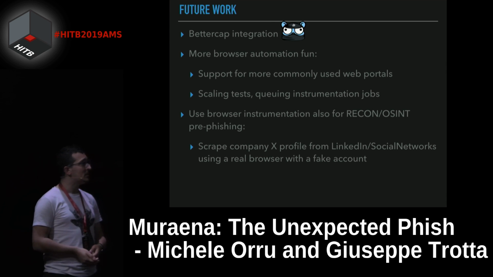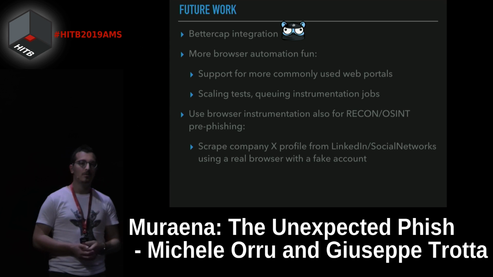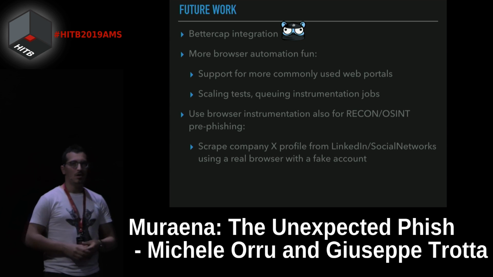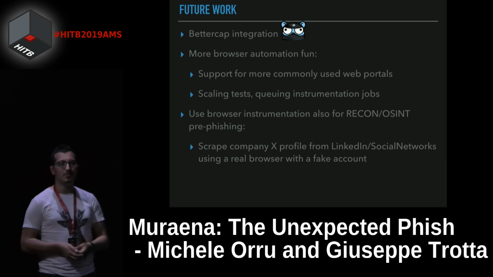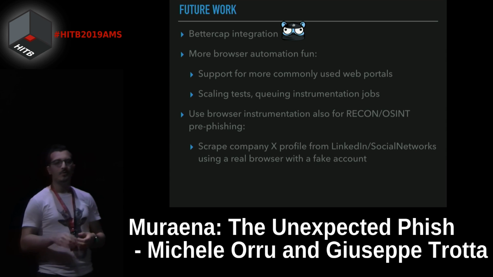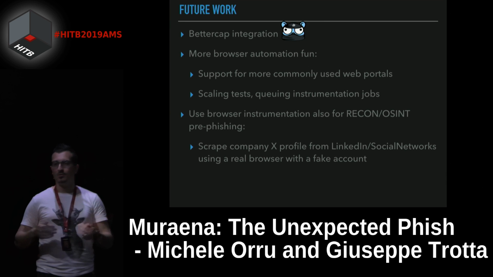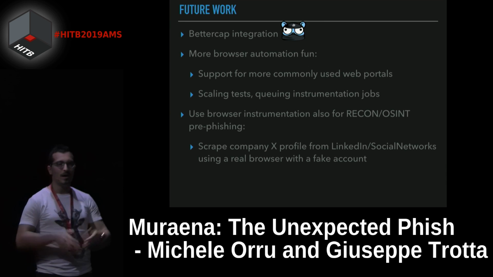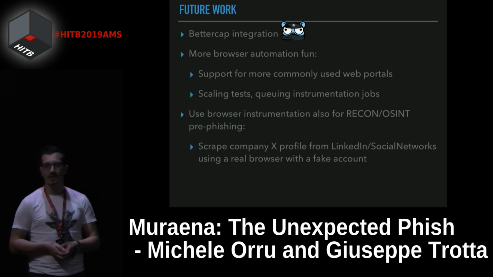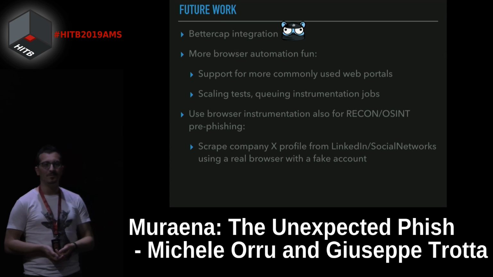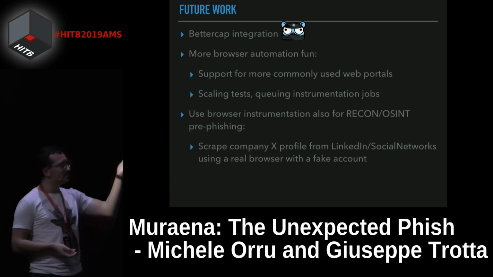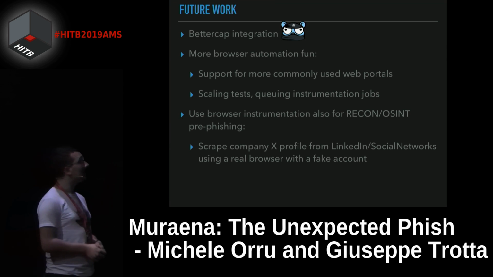Also, some instrumentation jobs and queuing: imagine a phishing campaign with thousands of victims, then you need to be able to scale whenever 100 or 1,000 people are coming. For now, I think we are able to handle 100 people, just because we didn't test with a lot of resources. So this is part of our plans.